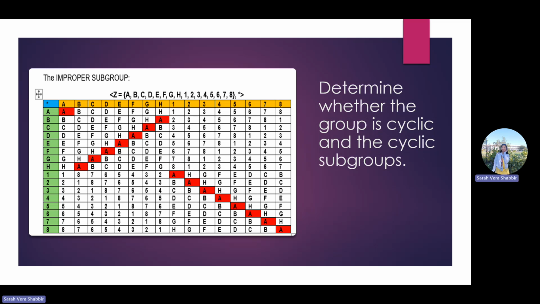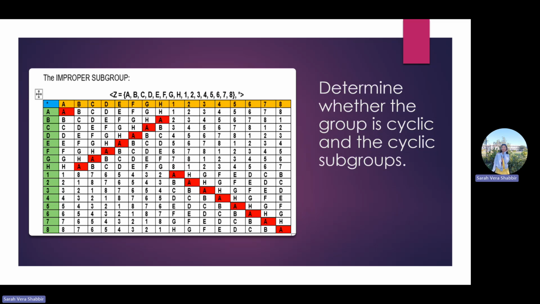For the first subgroup, we have the improper subgroup that has the set Z: A, B, C, D, E, F, G, H, 1, 2, 3, 4, 5, 6, 7, 8. Let's see if this is cyclic or not. As you can see in the picture, let's check its symmetry.